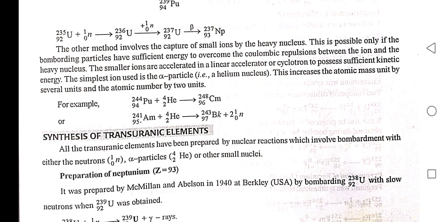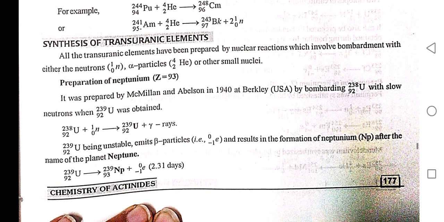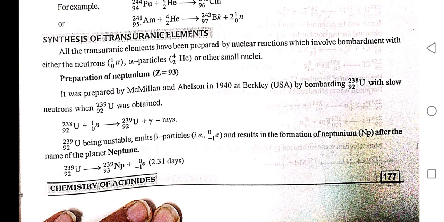The smaller ions are accelerated in a linear accelerator or cyclotron to possess sufficient kinetic energy. The simplest ion used is the alpha particle, which increases the atomic mass by several units and the atomic number by 2 units.